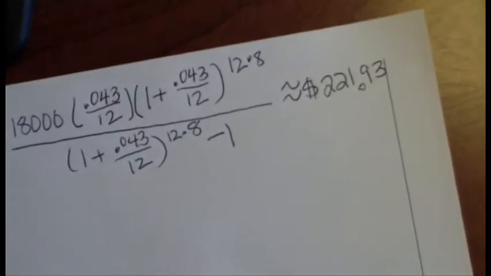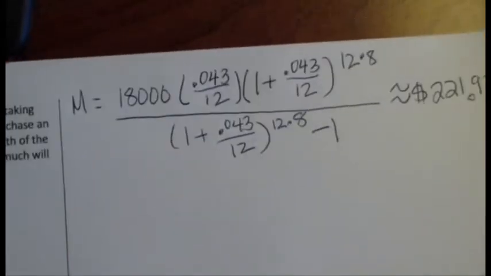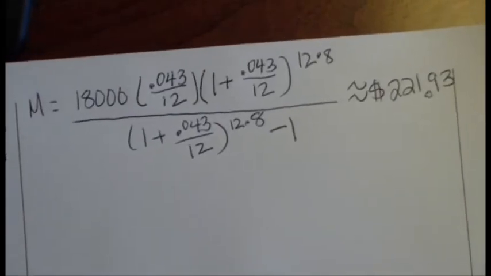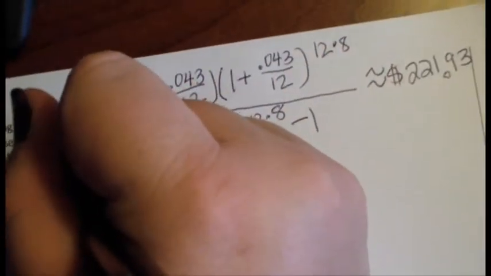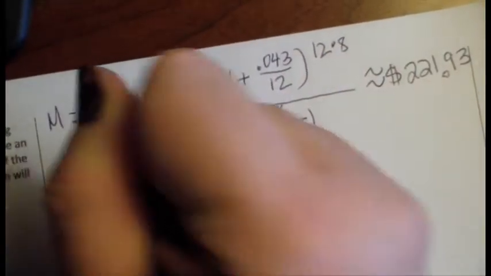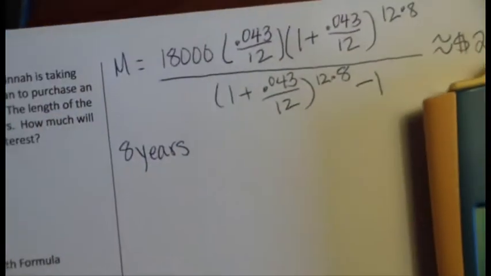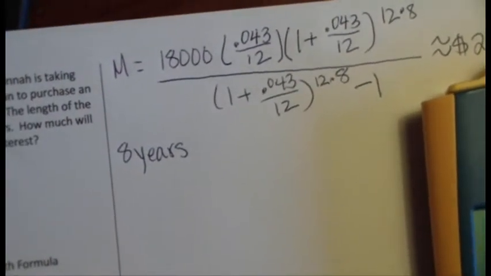All right, so now we need to figure out how much she pays total over the life of the loan. It's an 8-year loan, so how many months are in a year? There's 12, so 8 times 12, 96, so that's 96 months.